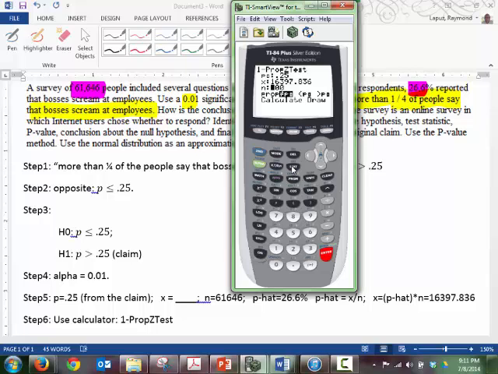So I'll just round it off to 16,398. And then we got 61,646 for our n. Okay, I have three options here. Which one do I choose? Look at the alternative hypothesis, right? The alternative hypothesis is a greater than sign.